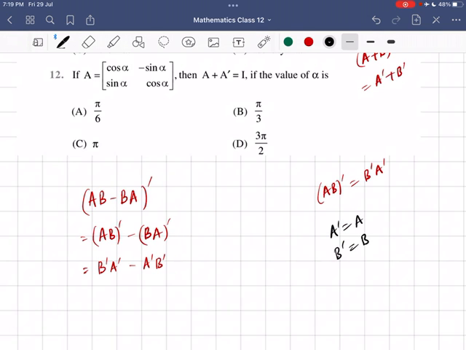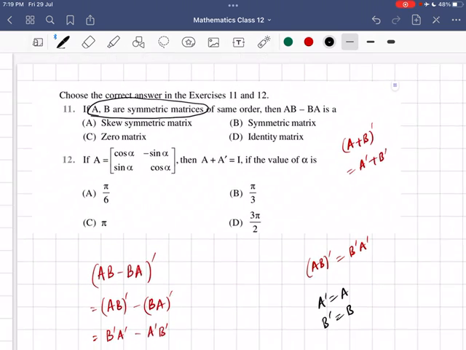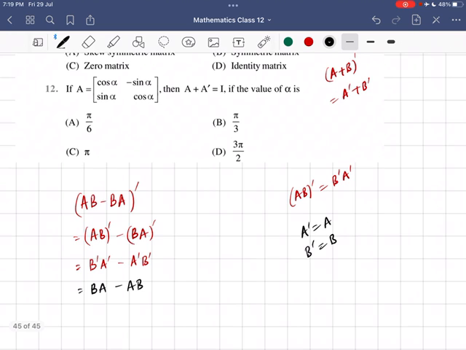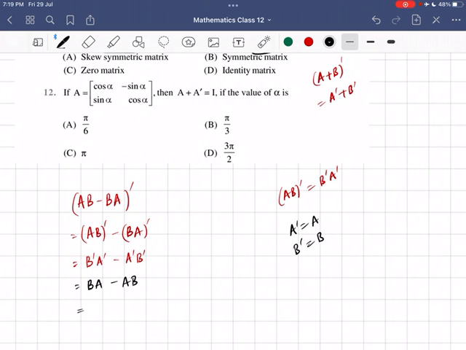Now if you compare these two, AB minus BA and BA minus AB, to make it AB minus BA, we can take minus common. So what we see is that the transpose of AB minus BA is nothing but minus of (AB minus BA). So it means the given matrix is a skew-symmetric matrix.